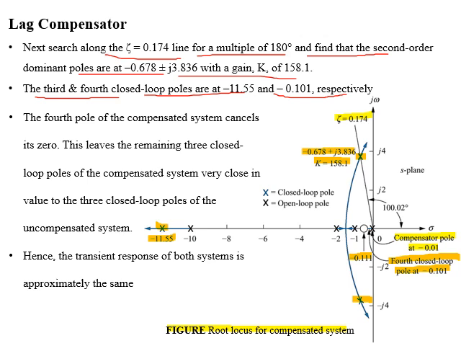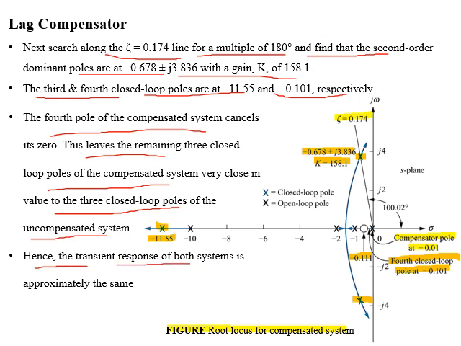The fourth pole of the compensated system cancels its zero, and the third pole is far away from the dominant pair of poles. This leaves the remaining three closed loop poles of the compensated system very close in value to the three poles of uncompensated system, and hence the transient of both systems are approximately the same.